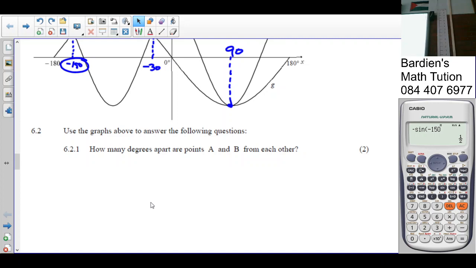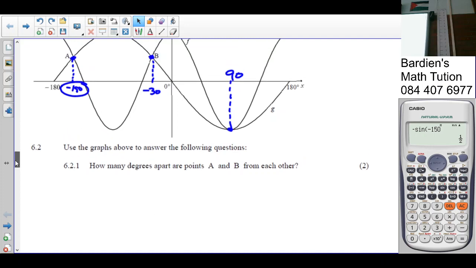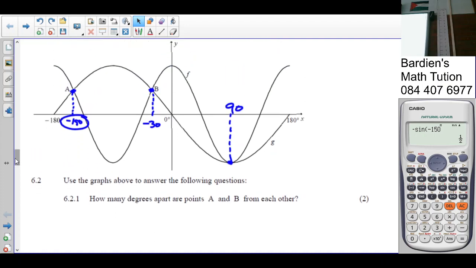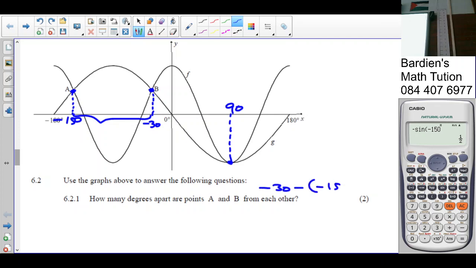So in question 6.2.1, the question says, use the graph above to answer the following questions. How many degrees apart are points A and B from each other? So as I've indicated already, this is negative 150. From negative 150 to negative 30 is 120 degrees.